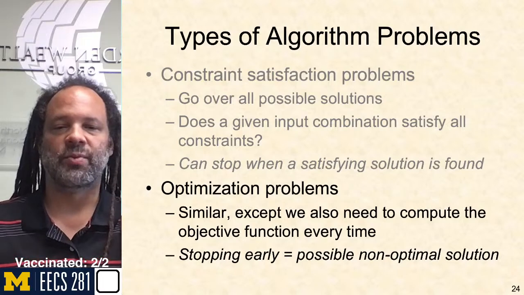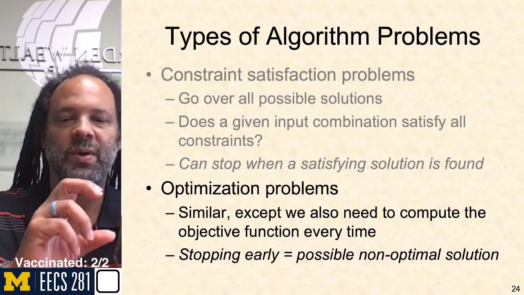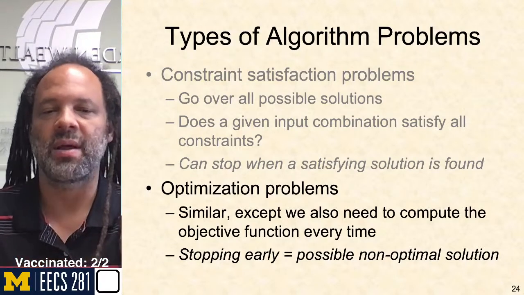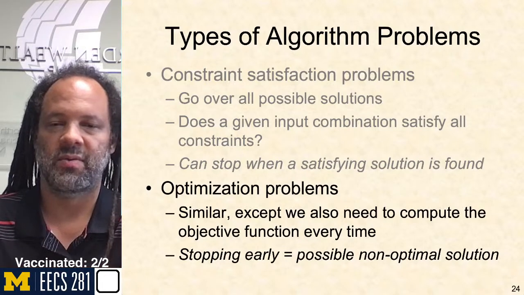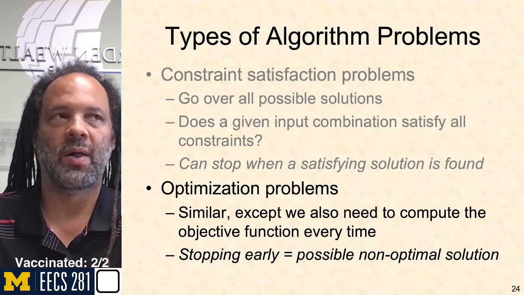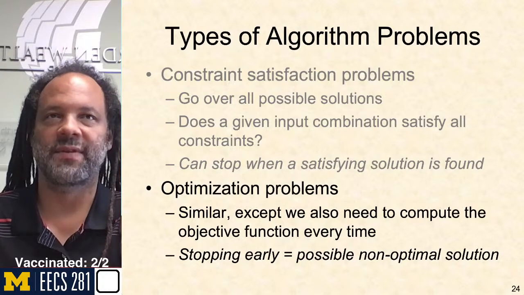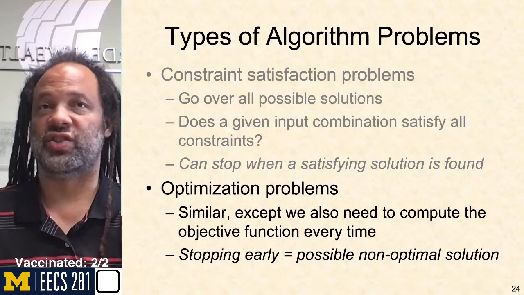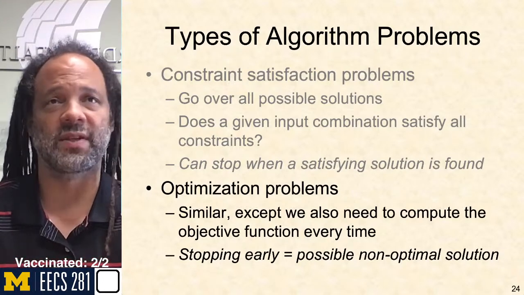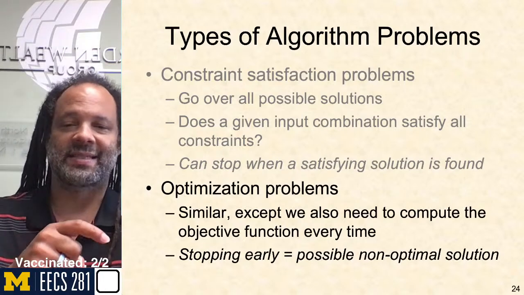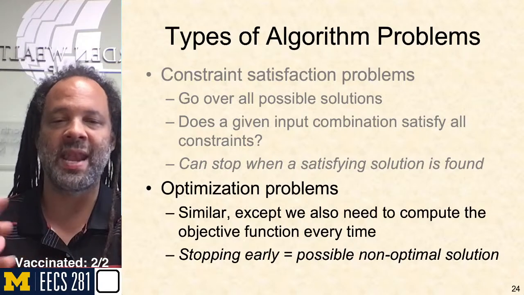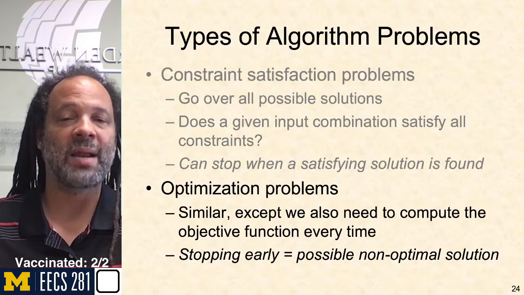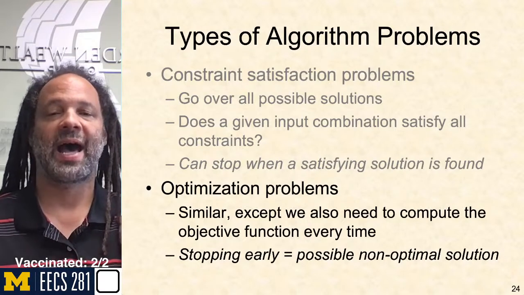So in optimization problems, we're going to need to compute this objective function more often, right? So we say, well, I've solved this. Now let's call the objective function to see if this solution is worthwhile. I can't stop early because I never know when the next solution I find might be better than all the solutions I've seen so far.